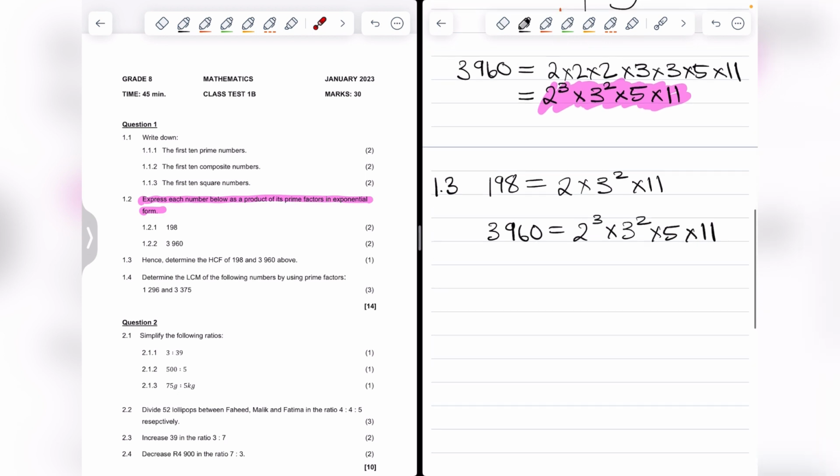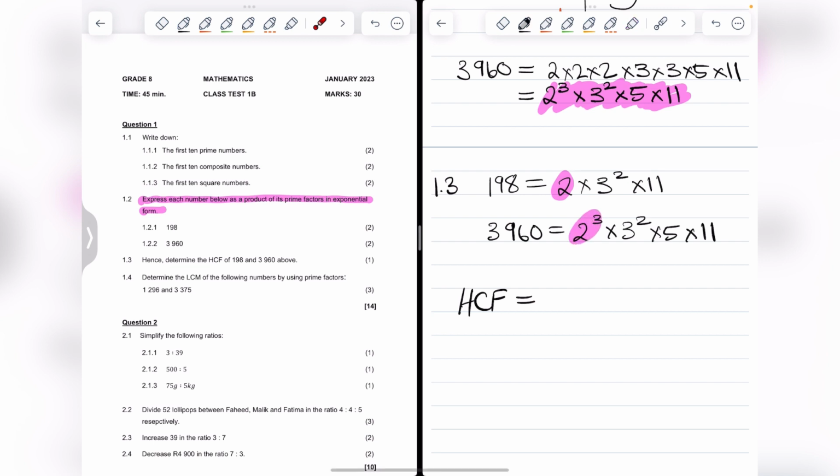So what is the highest common factor? Well, the highest common factor will be the factors that are common in these two sets of prime factors. So which factors are common? Well, it is 2. Sorry, that was the wrong one. Let's just continue using pink. It is 2, so that's common.